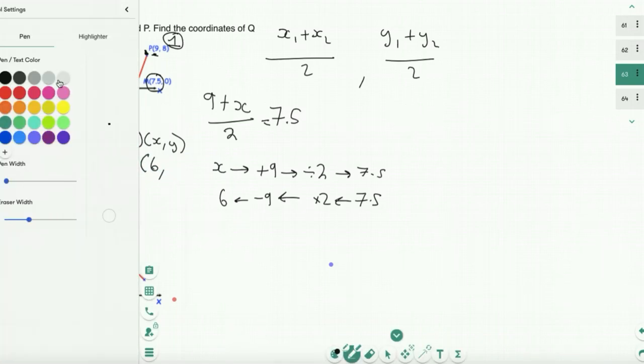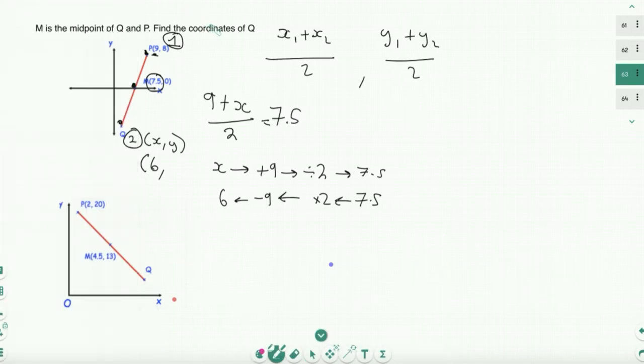And let's do the same thing for the y coordinate. So the first y coordinate is 8, plus the second y coordinate, we don't know it, so we'll leave it as y, over 2. And we know the midpoint has a y coordinate of 0, so that's equal to 0. And we're just going to solve this. Again, we can use our function machine. y is being added by 8, divided by 2, and then 0 is coming out.